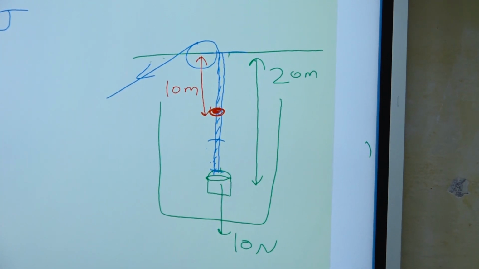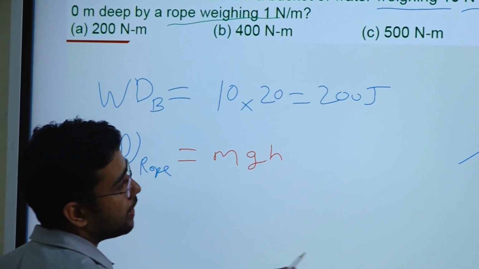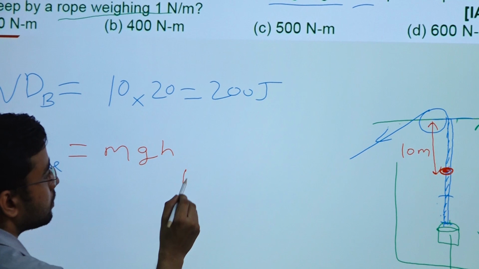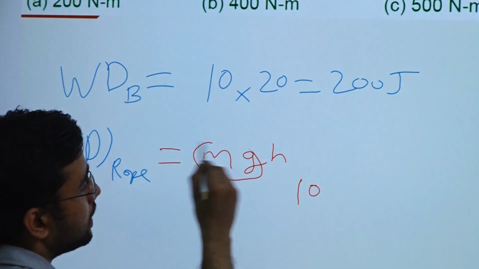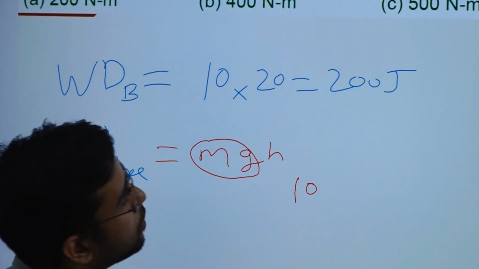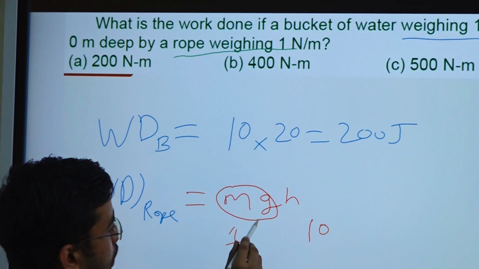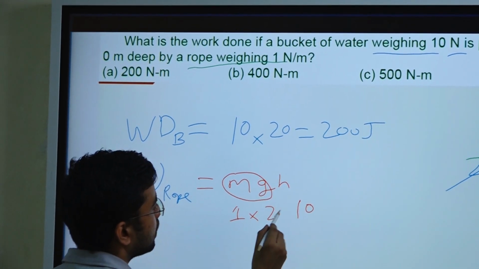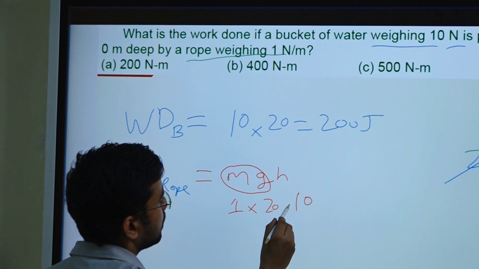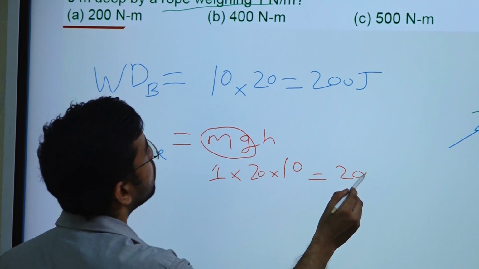So now again we apply mgh. The height will be 10 meter. We don't care about g, it is the full weight. So the total weight will be 1 Newton per meter, multiplied by the length, into 20, into 10. So we get 200 here.